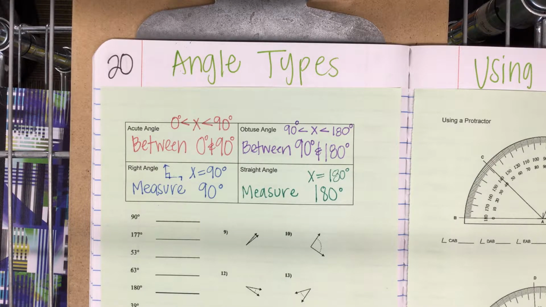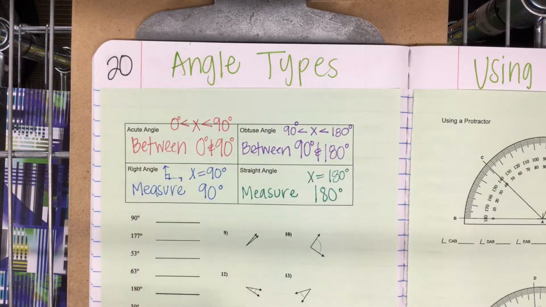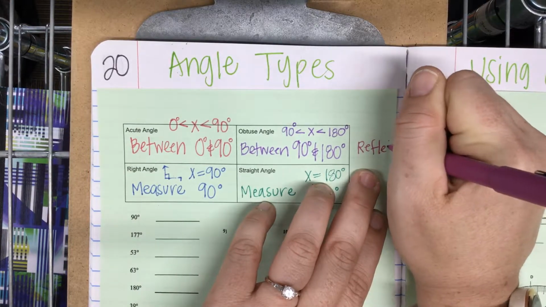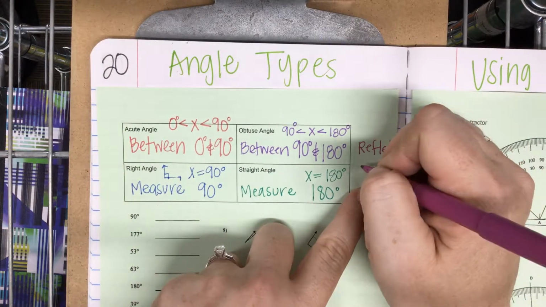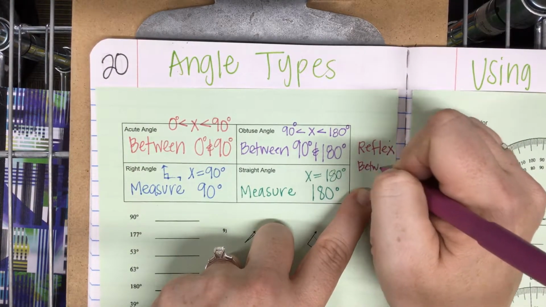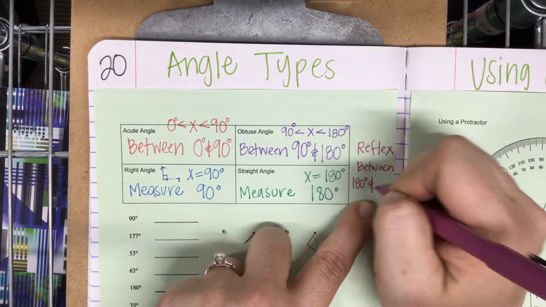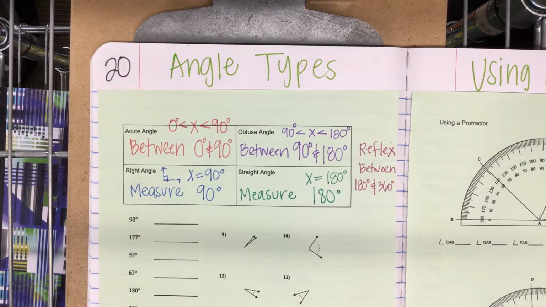Now, anything greater than 180, which is not on here and which we don't really talk a whole lot about in this unit, but you may be remembering it, is called a reflex, with an X. A reflex is between 180 degrees and 360 degrees. It's on the opposite side of an angle.